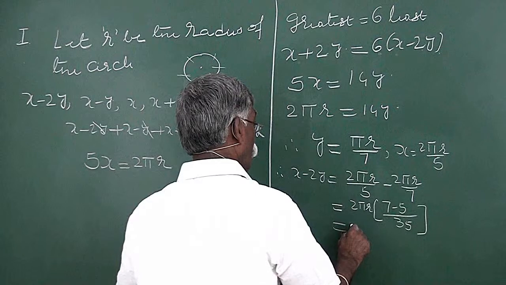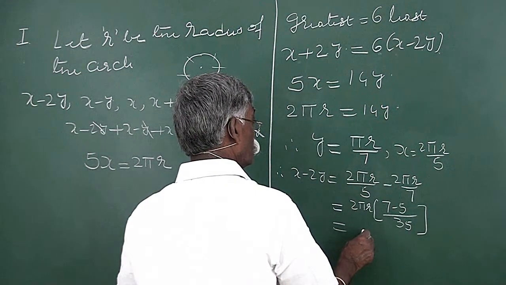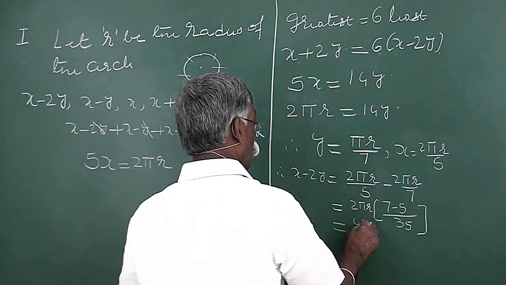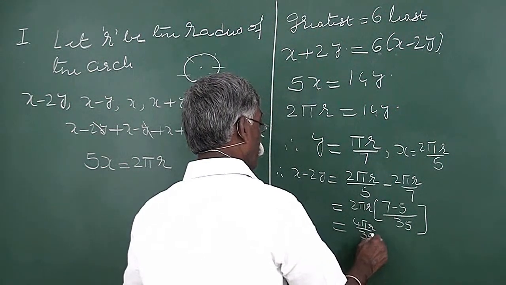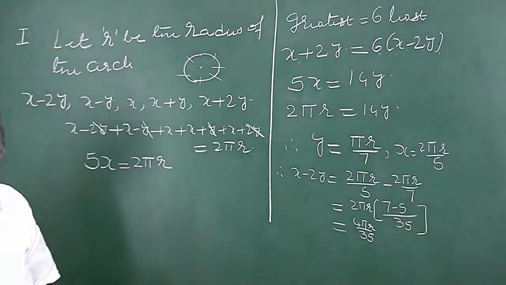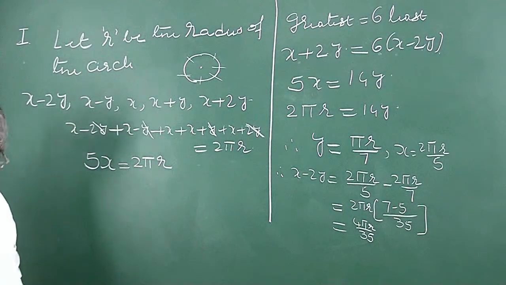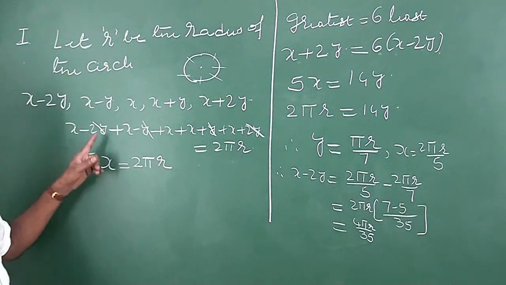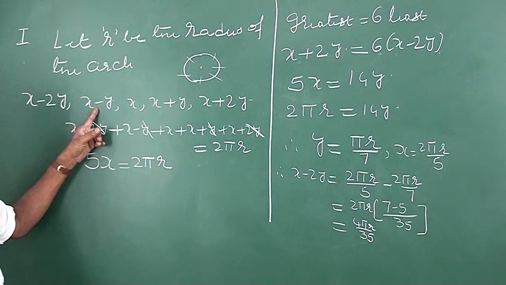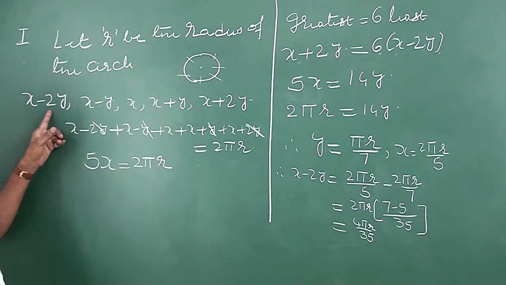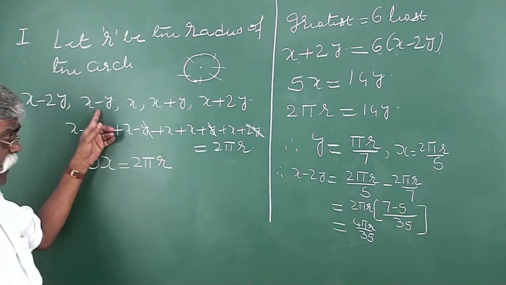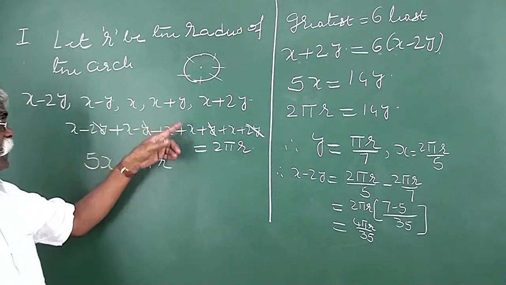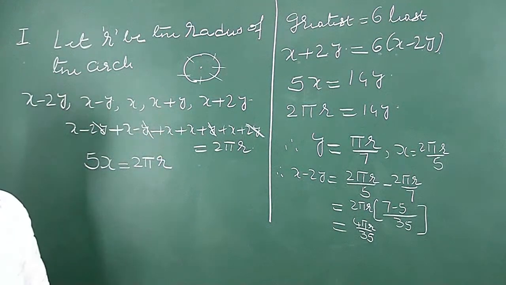So this is 4 pi r by 35. So this is the first angle, x minus 2y is 4 pi r by 35, and then x minus y, x, x plus y, x plus 2y are to be calculated.